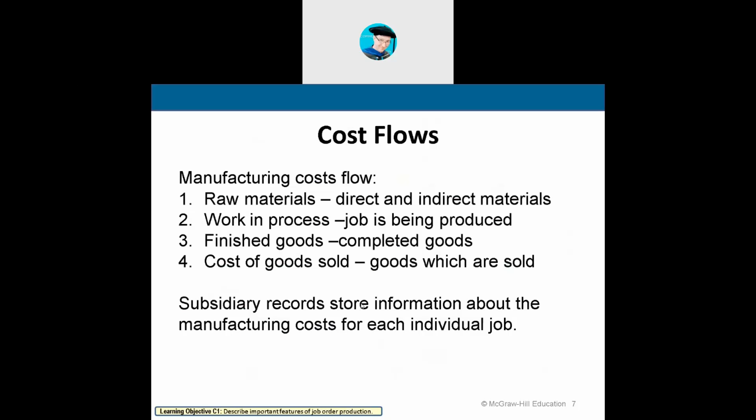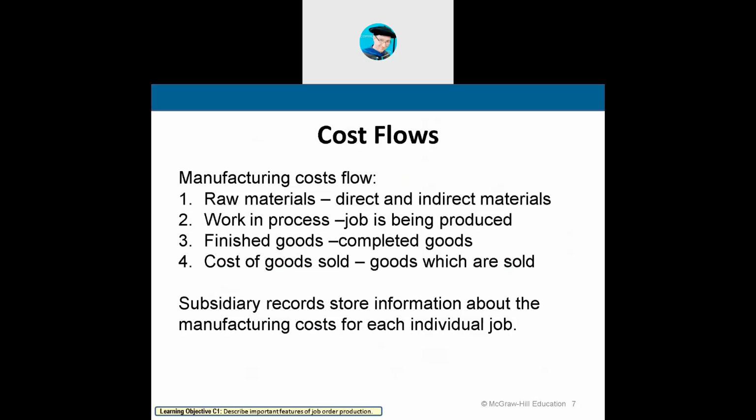All of these different kinds of costs are recorded for each individual job. Job number 415 for Dr. B's green Toyota Tacoma.